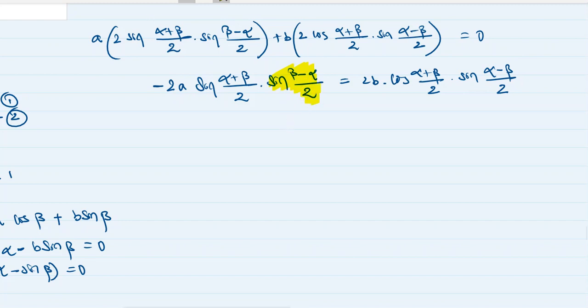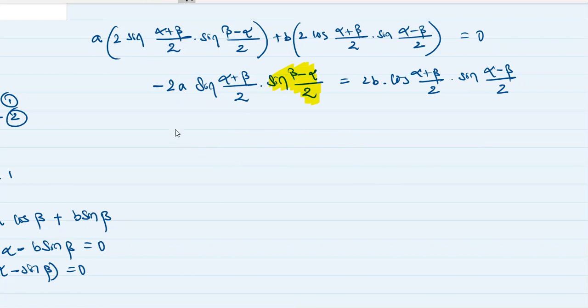And we know that minus of sin theta is equal to sin of minus theta. So this will become sin of (minus of (beta minus alpha)) by 2. What is minus of beta minus alpha? Alpha minus beta. So this negative sign essentially changes the order of alpha minus beta.